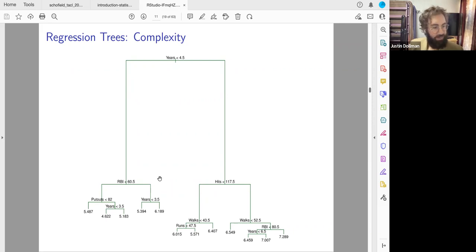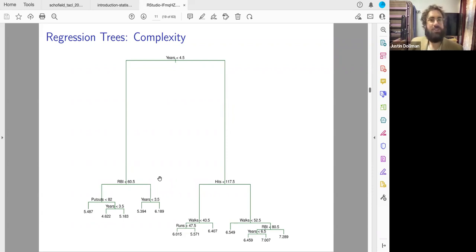They do mention, in arriving at that criterion, the stopping rule, that one might think a good stopping rule would be to simply not make a partition at a certain point when you don't get a desired decrease in residual sum of squares for the overall model.